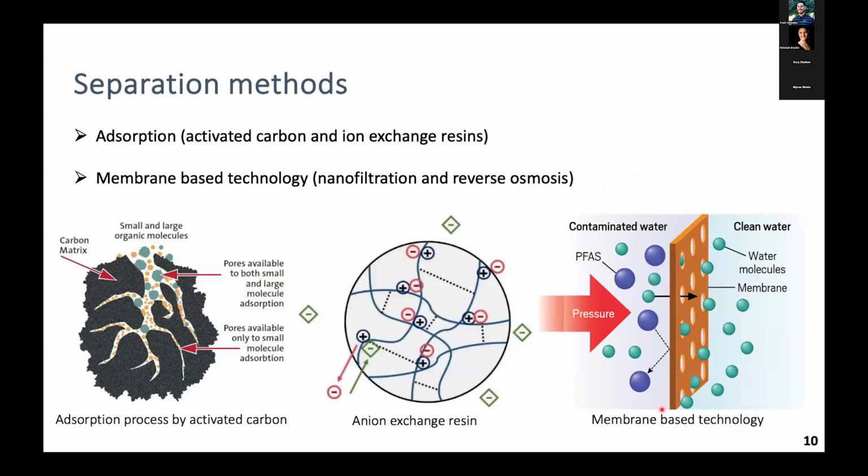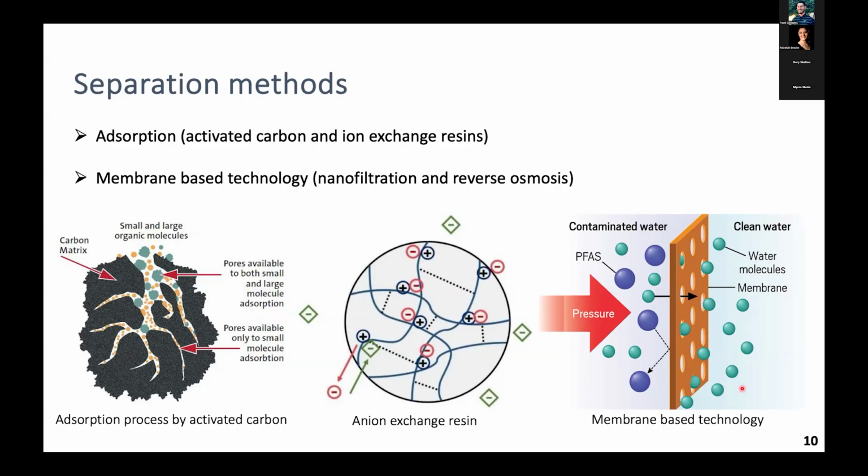Today, if you have PFAS in say your drinking water and you've got to remove it, you basically go with what we call a separation technology. And the two options here, I've illustrated those. The first one is adsorption. That is, you get the molecules to adsorb on the surface of something that's very good at adsorbing it.